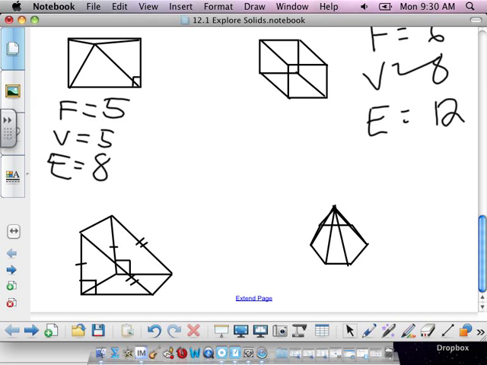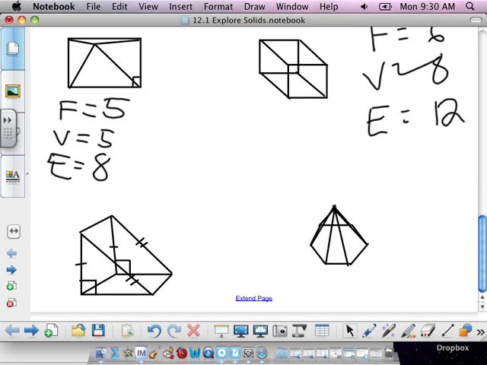Okay. Now we're looking at a triangular prism. So it's a right triangle, which I do not have a right triangular prism. I have a triangular prism, but not a right. Okay, so let's talk about this.